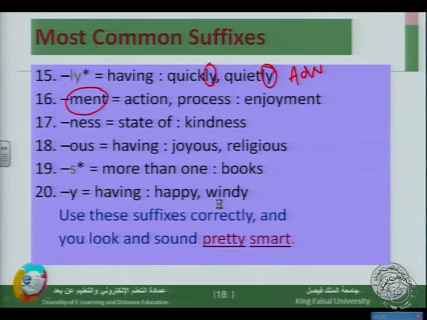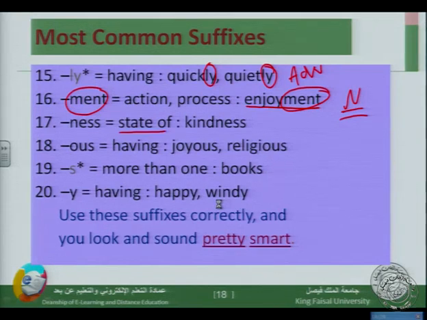Okay, they are adverbs. Ment, it has the same meaning as tion. The suffix ment has the same meaning as the suffix tion. We say action, and here you're talking about a process. Here we have some words like enjoyment, entertainment, and usually the words end with the suffix ment. They are nouns.